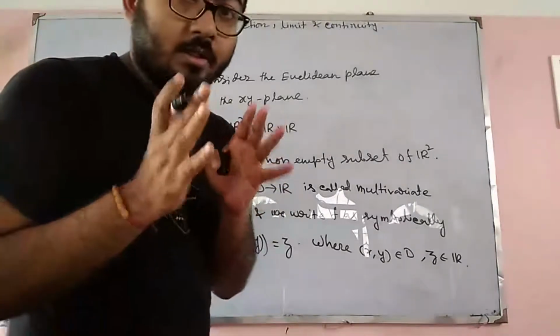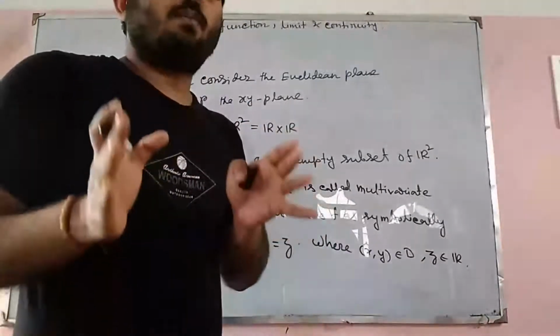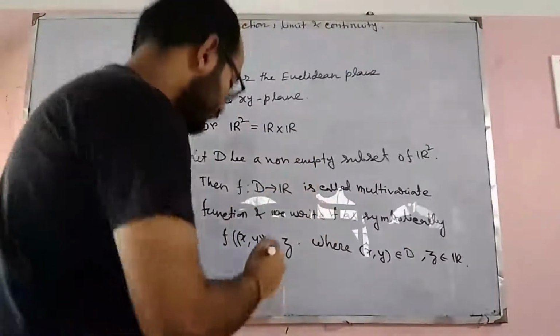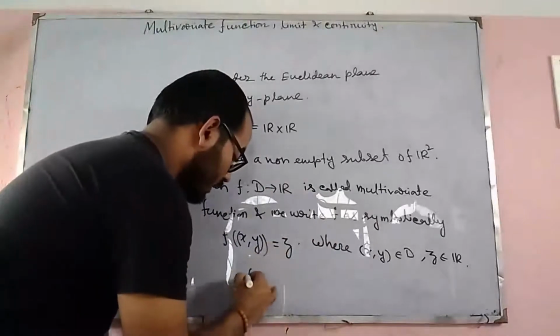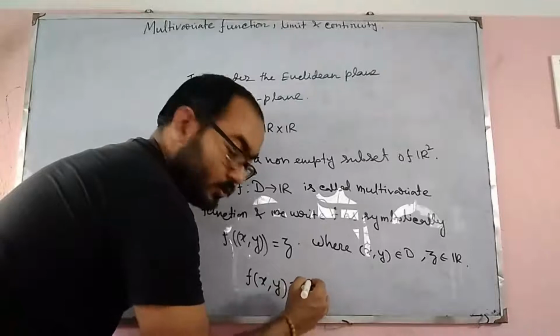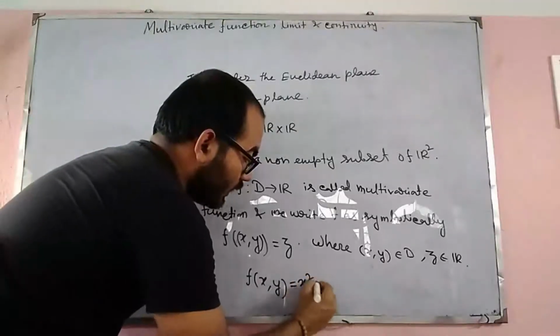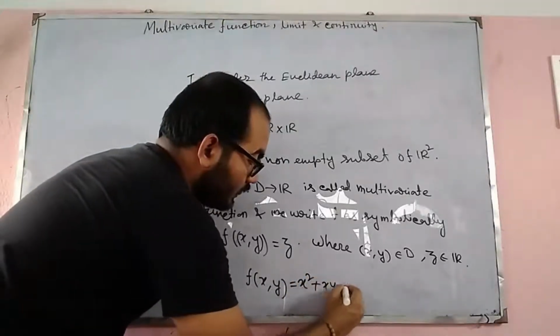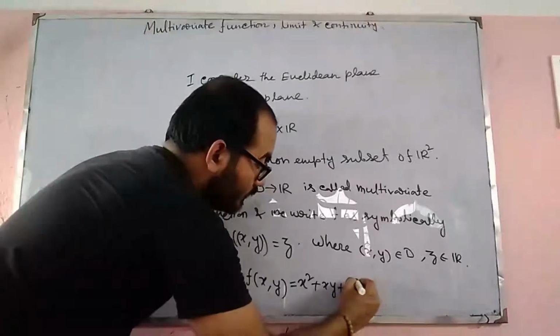Now I give an example of a multivariate function. f of x, y is equal to x squared plus xy plus y cubed.